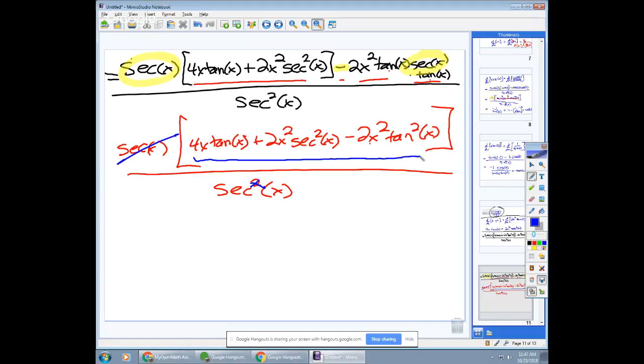Something that's catching my eye is right here. Notice I have a 2x squared and a 2x squared, which if I took the 2x squared out of that portion would leave secant squared minus tangent squared. The secant squared minus tangent squared look familiar to anybody?